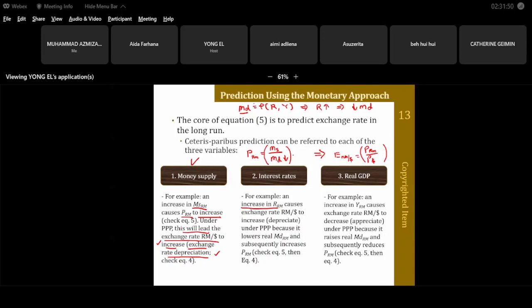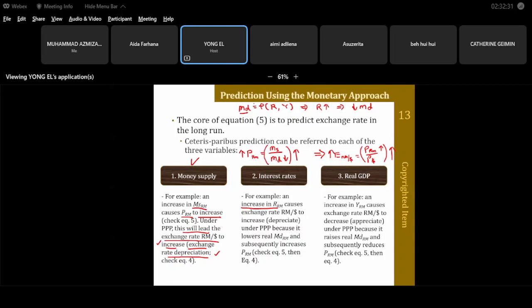Anyone? When money demand decreases, money supply doesn't change. What happens to this ratio? Higher, it increases. Okay, that means the domestic price level increases. The increase in domestic price right here means this ratio also increases, and the exchange rate increases, and this basically means depreciation.